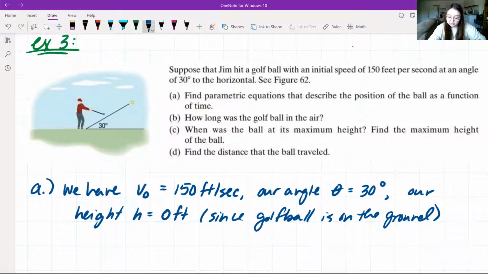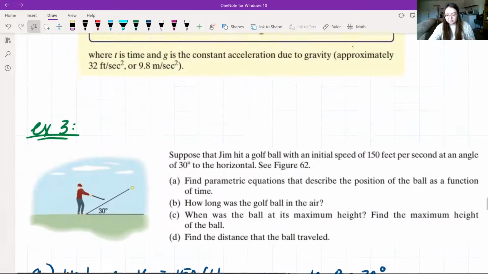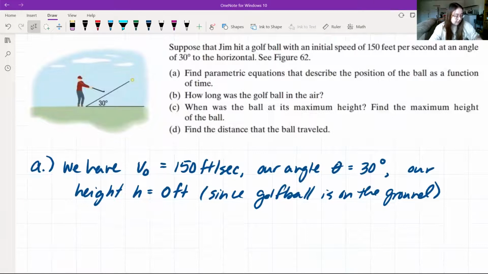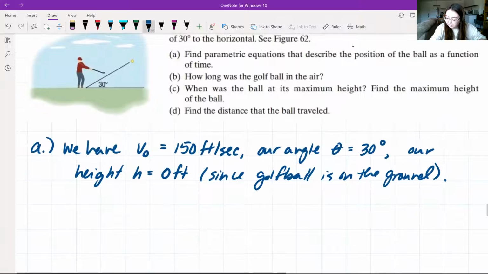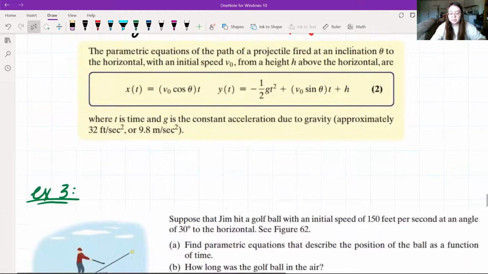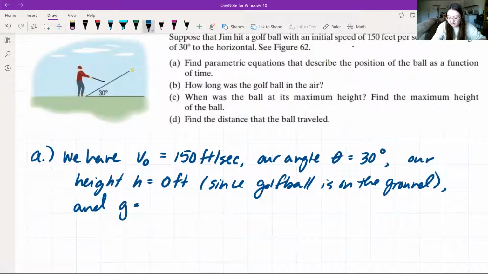So our height before Jim has hit this ball, since we're describing the initial position here, is going to end up being 0. Then our last value is gravity. All of our values are in feet, so we have to use 32 feet per second squared. So gravity is equal to 32 feet per second squared.